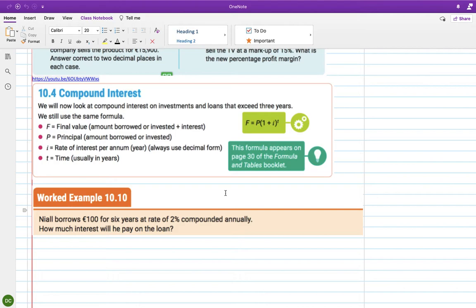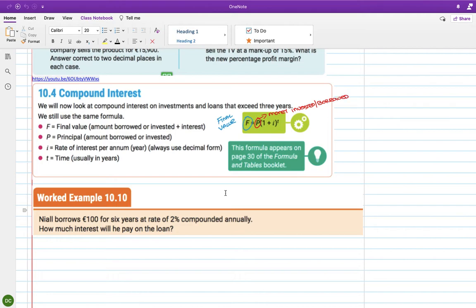This here, remember that F is the final value. So that's what either the loan or the investment is worth after a given amount of time. P is the money invested or the money borrowed.